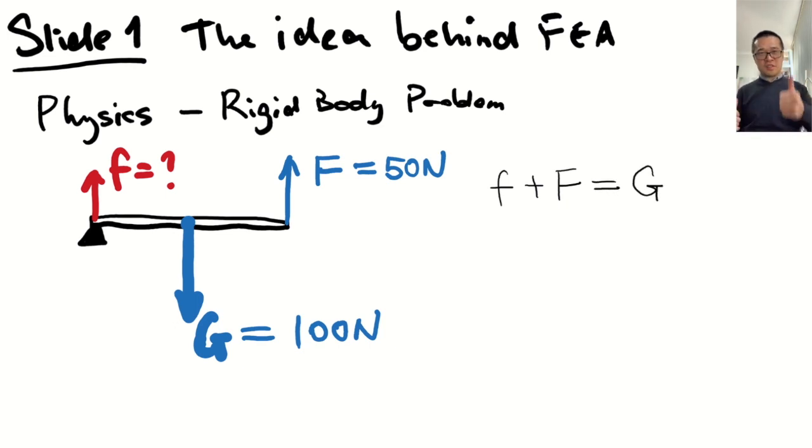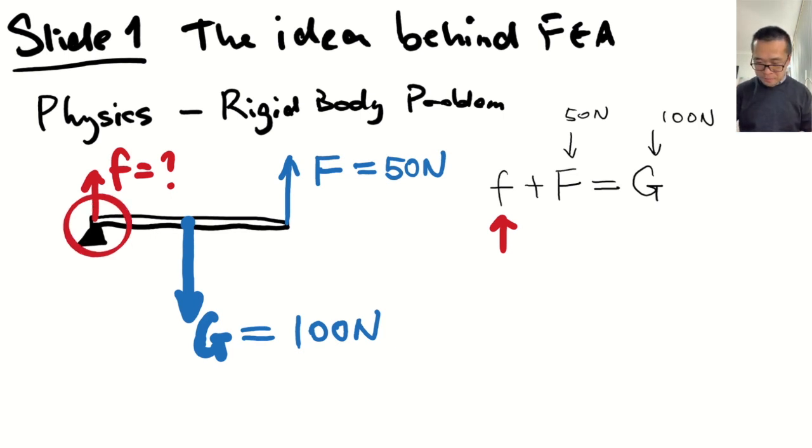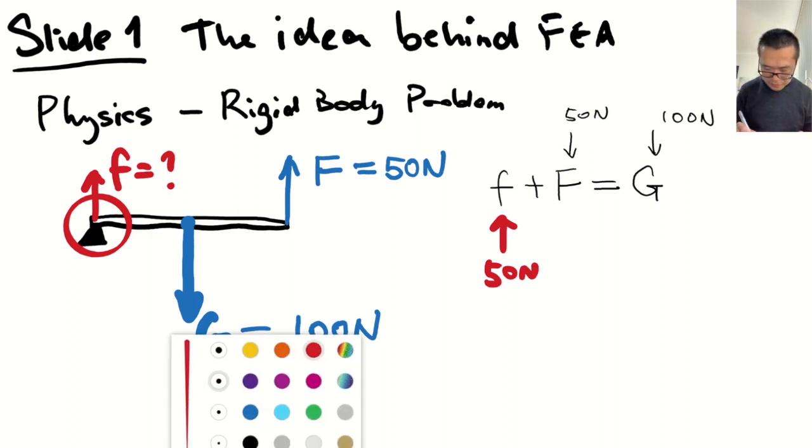All the forces that are going up are going to balance the force that goes down. So I know this big F is 50 Newton and this weight is 100 Newton. So the force at this pivotal point that holds the bar together is going to be 50 Newton, right?